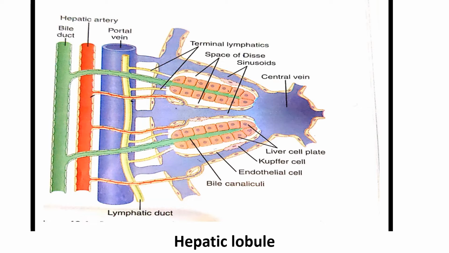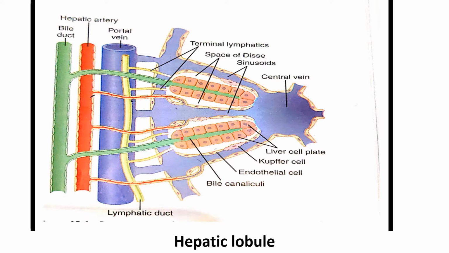Now, this is the hepatic lobule or liver lobule, which is the basic functional unit of the liver. This liver lobule is constructed around the central vein. This is the central vein. These are the sinusoids. Now, this portal vein, red hepatic artery, and green bile duct together are called the portal triad. At each corner of the hepatic lobule there is a portal triad.